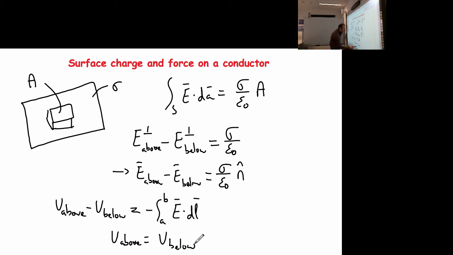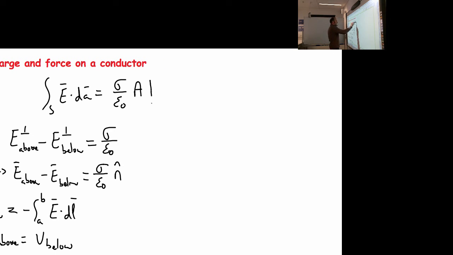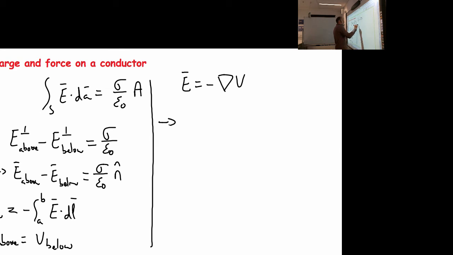Now if we go back to our electric field above and below, we can write this in terms of our potential. Since our electric field is equal to minus the gradient of our potential, what we get here is the derivative of potential with respect to n, which is the distance away from our surface, above, minus the derivative of the potential with respect to n, below.